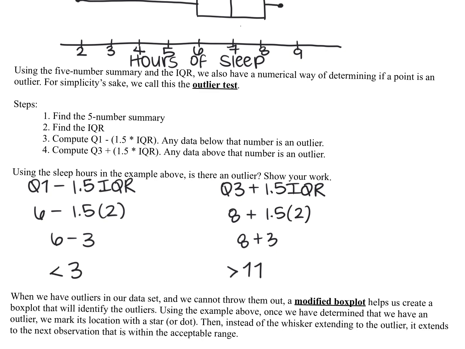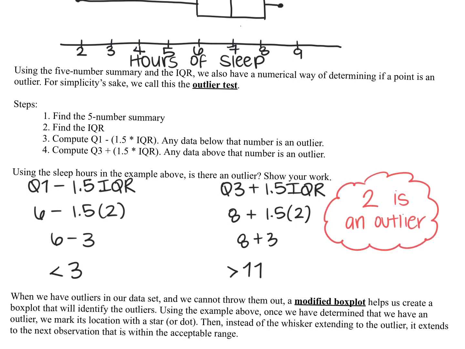There is a value less than 3. My minimum is 2. There are no numbers greater than 11. So 2 is the only outlier. This is one of those examples where I wouldn't automatically think there's an outlier.